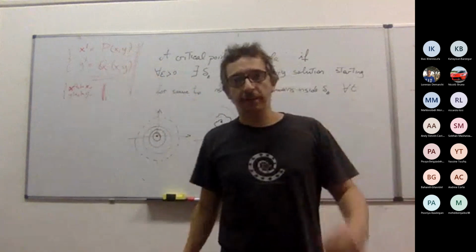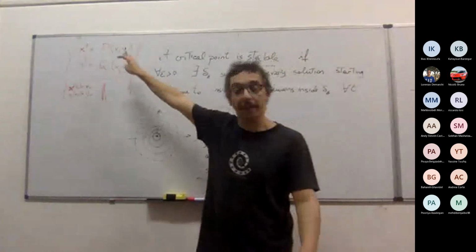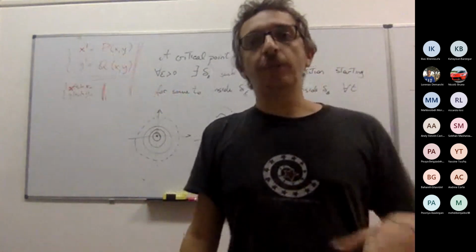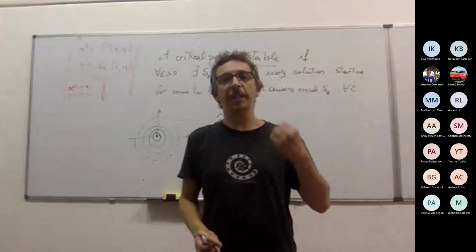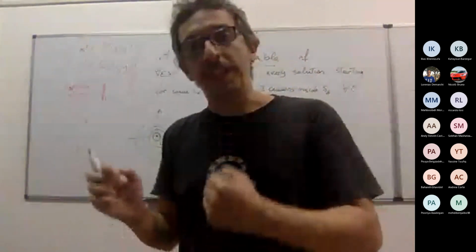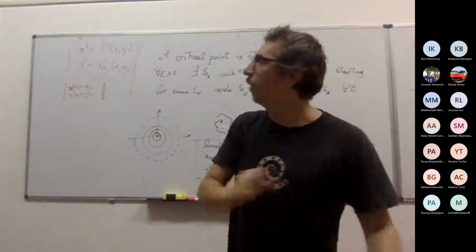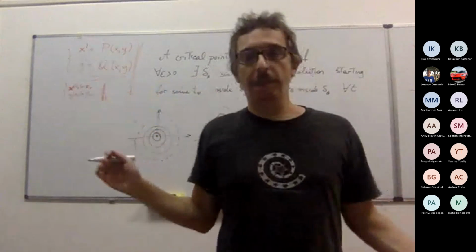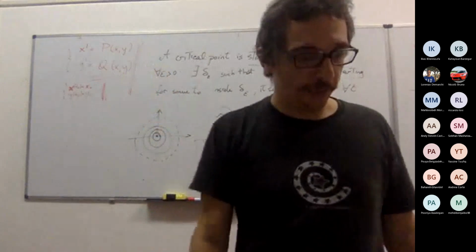I want to reduce my problem to a linear system of ordinary differential equations, study the criteria for the stability of critical points for linear systems, and then try to understand if it's possible to use these results for non-linear systems, when P and Q are non-linear functions of the state variables x and y.